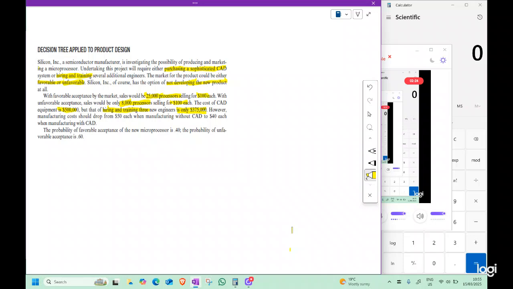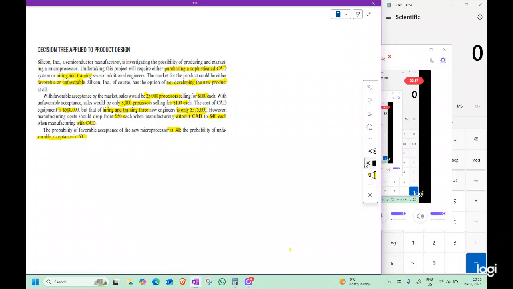However, manufacturing cost should drop from 50 without CAD to 40 with CAD. The probability of favorable acceptance of the new processor is 0.4 and the probability of unfavorable acceptance is 0.6.